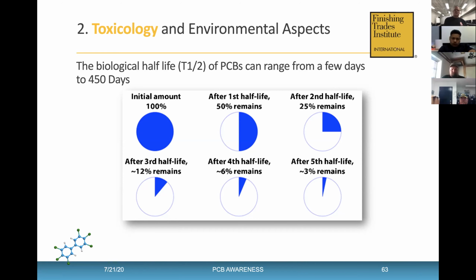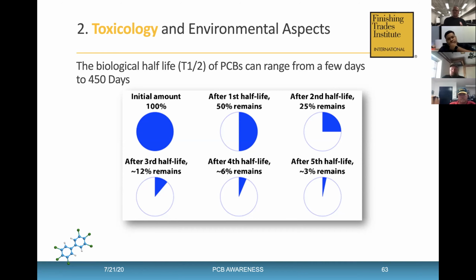And this is, again, really important because if you're going to be exposed to this stuff as a worker, or as the public, you get it into your body, it is not going to be easy to get it out. So let's say you get an initial amount of 100 milligrams of PCBs into your body, right?